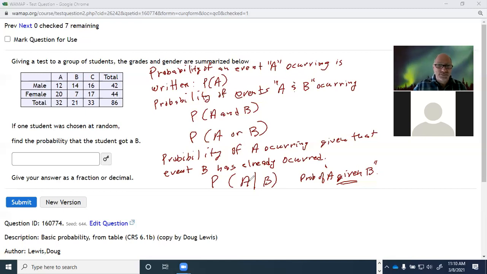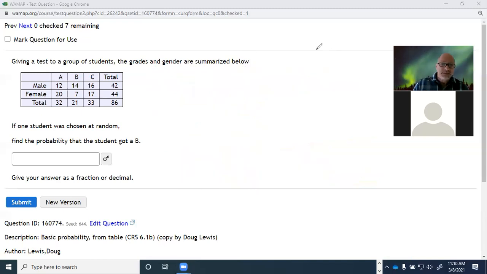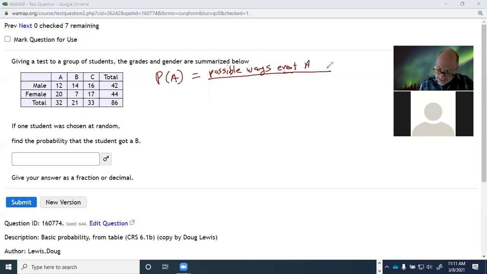Okay. So now let's go ahead and I'll clear all this. This is kind of the notation we have. And now finally, the probability of an event occurring is equal to, it's a fraction, the possible ways event A can occur out of the total possible outcomes.